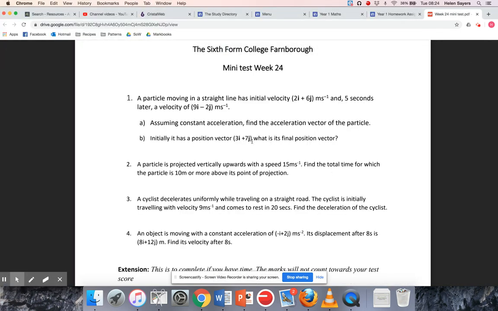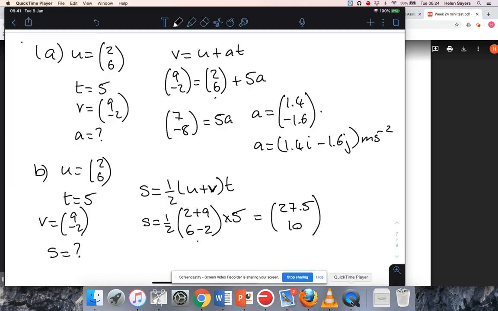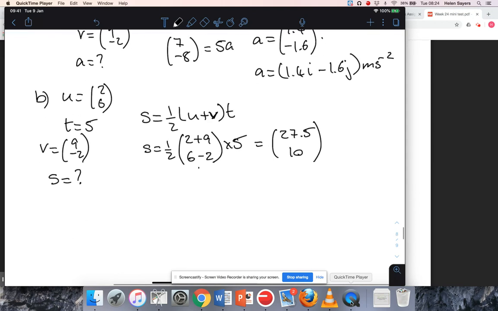But if I want its actual position, it didn't start at the origin. So I need to take that into account. So it's quite straightforward. Basically, if you're starting at the position vector (3, 7), and then you're moving (27.5, 10), where are you going to end up?